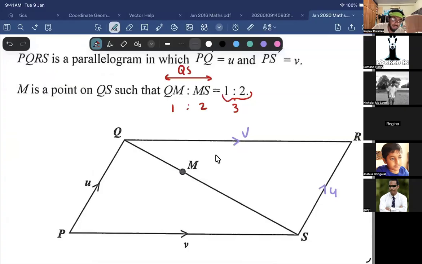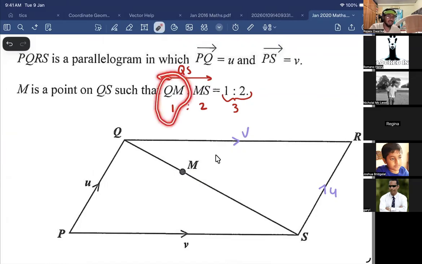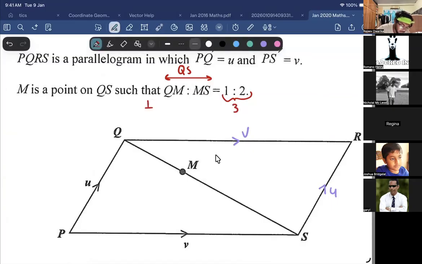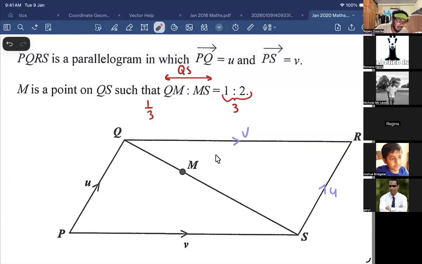QM has how much out of the 3 parts? 1. And how much does MS have? 2. So QM would just be a third of what? Remind me, Joshua, what was the line we're splitting up?